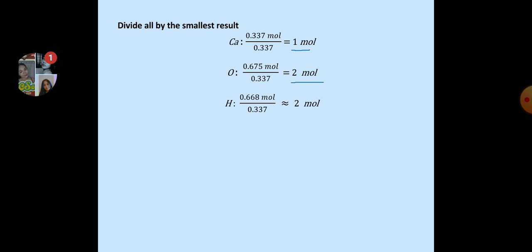And for hydrogen, kung titignan nyo, sobrang liit lang kasi ng difference, no? This is also almost equal to 2. So, nag-round na. So, since all of them whole number na, yan na yung ating empirical formula. Yan na yung mga number of moles, yan na yung ratio. Okay? So, therefore, it's 1 mole for Ca, 2 moles for oxygen, and 2 moles for hydrogen.